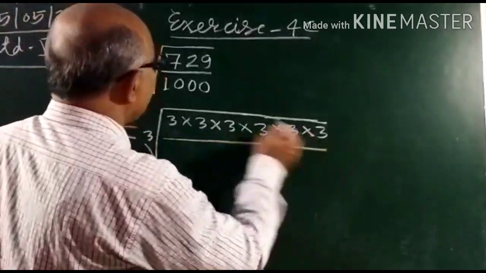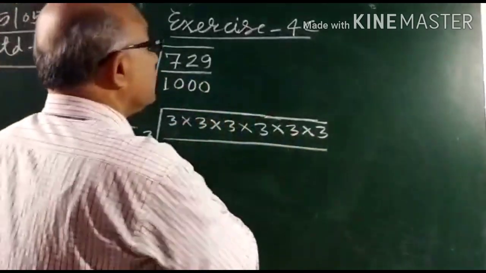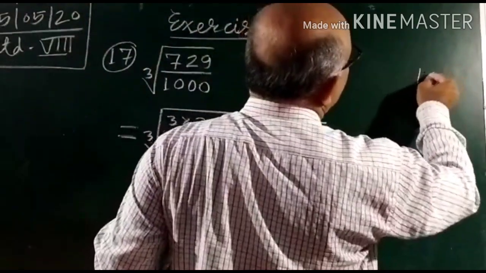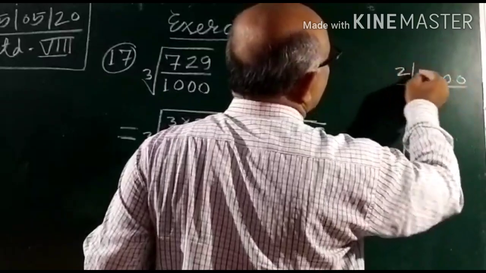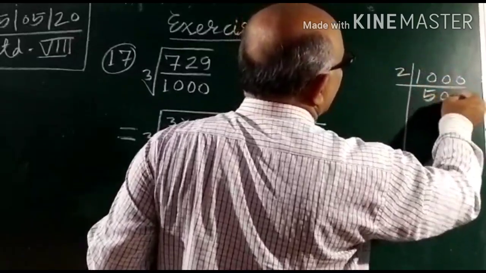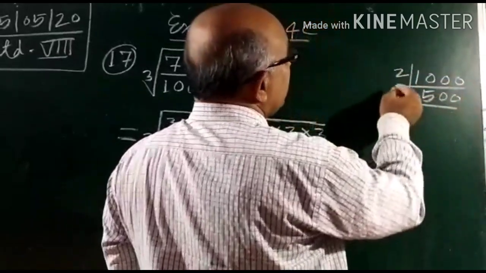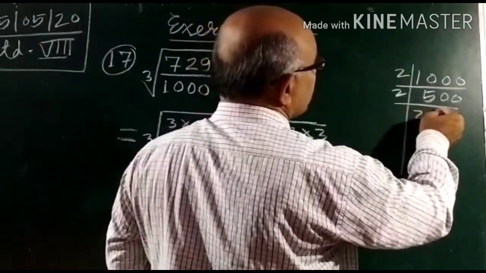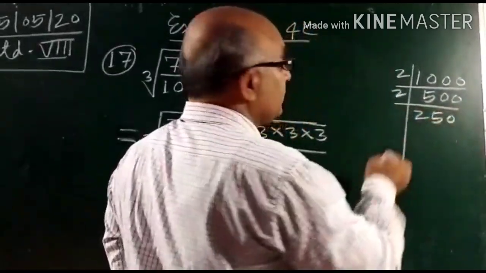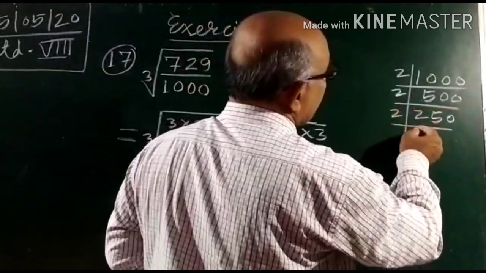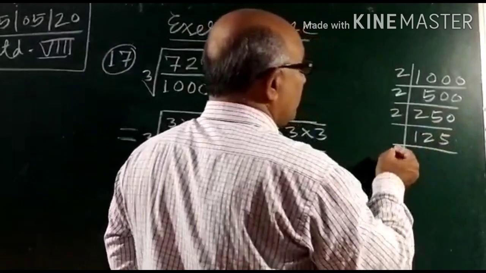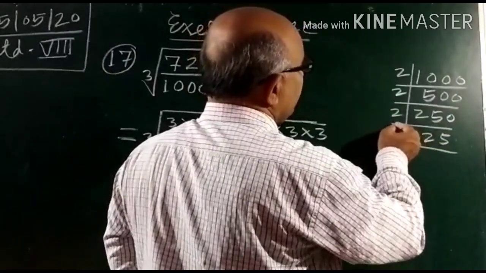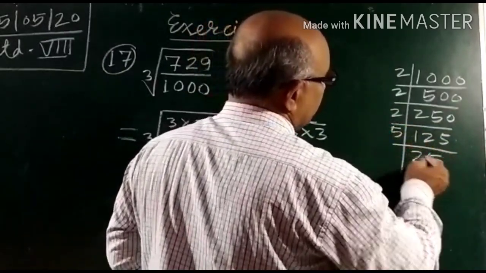Now we have to find the prime factors of 1000. So here write 1000. Prime factors of 1000: 2 times 500. Okay. Now 2 times 250. Again 2 times 125. Now 5 times 25.